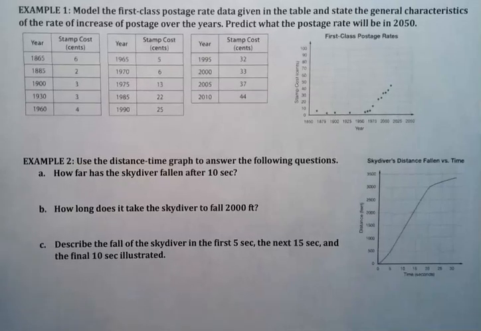Example 1 says model the first class postage rate data given in the table and state the general characteristics of the rate of increase of postage over the years. This kind of affects us now, right? Postage just went up this year. Predict what the postage rate will be in 2050.